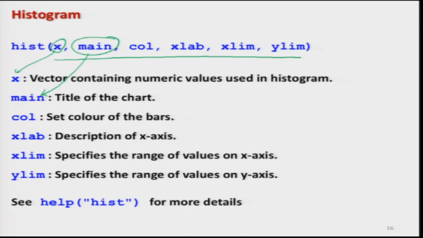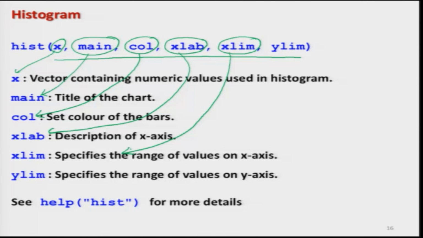In case we want to change the colors of the bars, we use the parameter COL. In case you want to add any description on the x axis, we use xlab. And in case you want to control the limits on the x axis, you use xlim. Similarly, in case you want to control the limits on the y axis, you can use ylim.